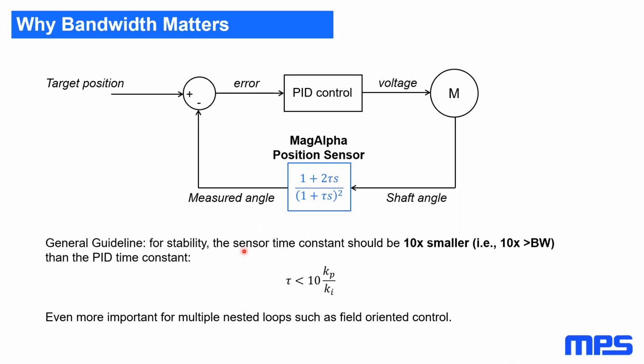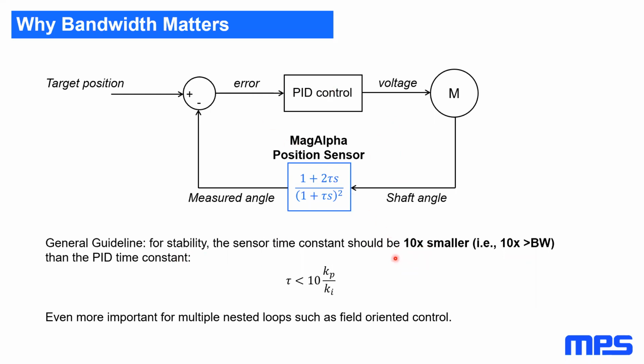And for stability, this is pretty conservative: we want the sensor time constant to be 10 times smaller than the PID time constant. You could probably get away with 5 times. But this is a rule of thumb without going into a whole bunch of really rigorous mathematics. We'll say 5 to 10 times smaller than the PID time constant.